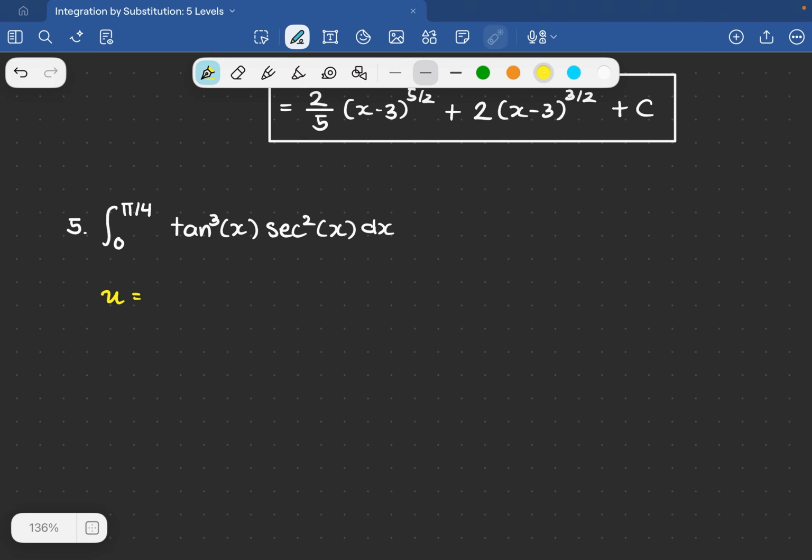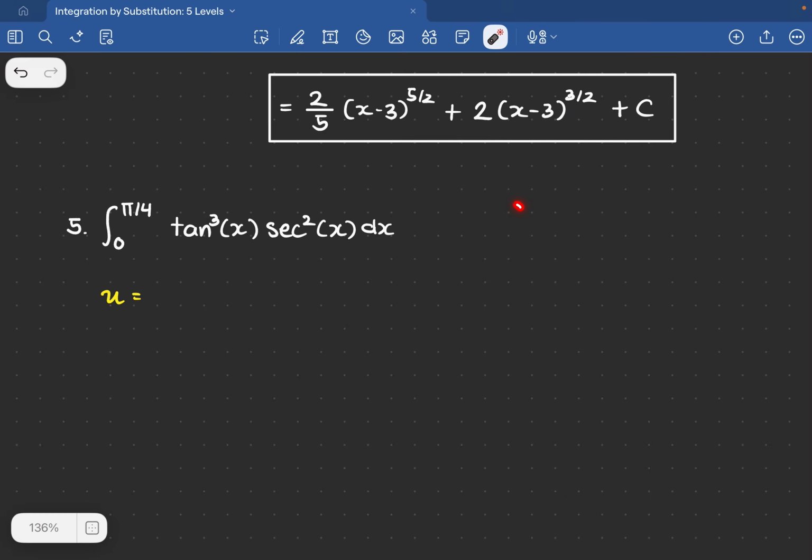For u here, we probably have 2 good choices, either secant x or tangent x. If you use secant x, suppose we choose this one, du will become secant x tangent x dx.